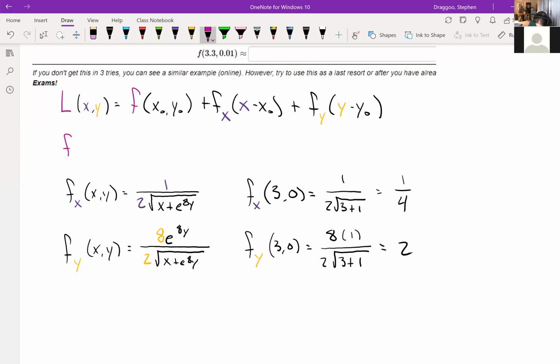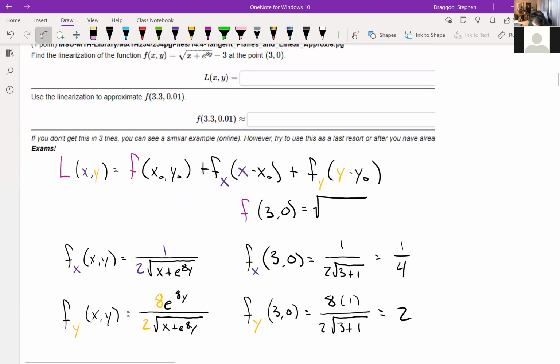Actually, for f of 3, 0, maybe it makes sense to solve this one out over here. I'm looking at the square root of, once again, 3 plus 1 minus 3, which is -1. Square root of 4 is 2, minus 3 is -1.